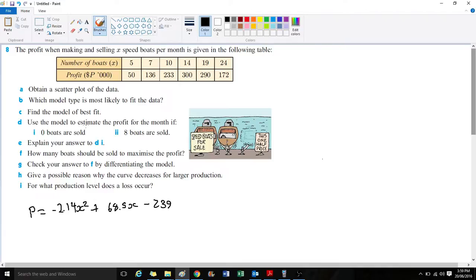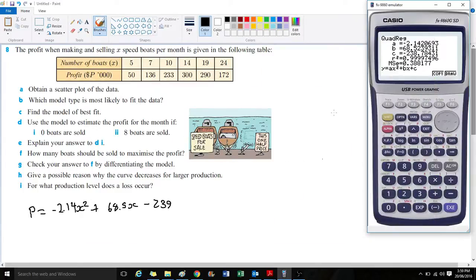Done. Use the model to estimate the profit for the month if 0 boats are sold and if 8 boats are sold. Okay, so let's just copy our model straight into here and let's have a look at what the graph says. Okay, so 0 boats.